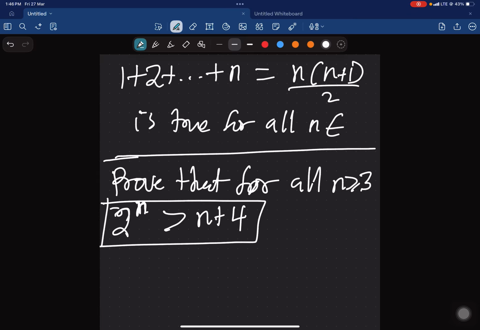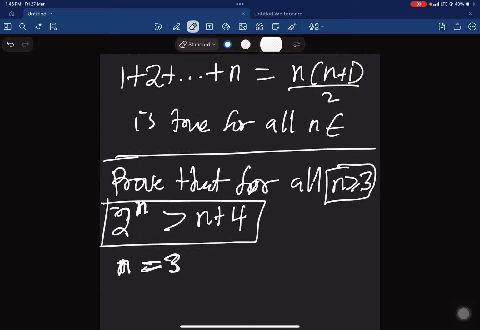So this is what we have to prove. As the method implies, let's try and verify it first. Here our set is starting from 3. So we can't use 1 obviously because 1 is not part of this set. So we have to verify for n equals 3, which is the first element. If it is true, then we continue with the implication.